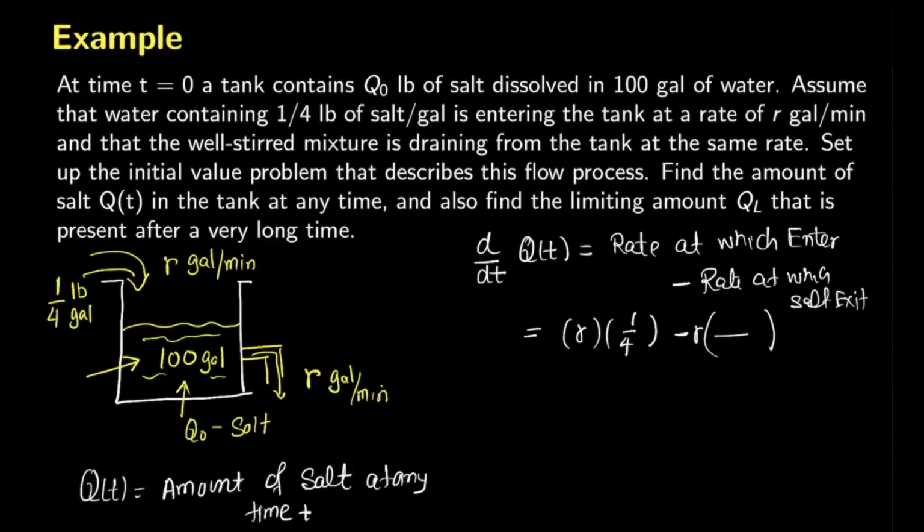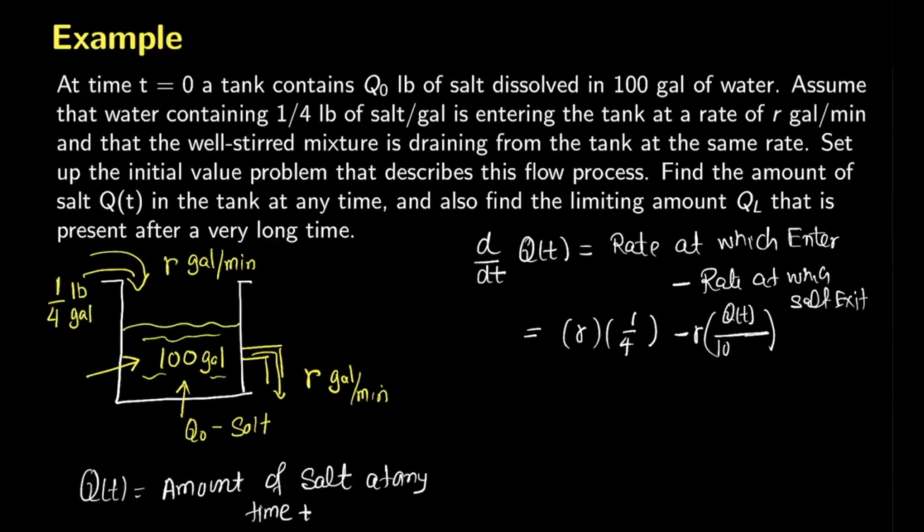Concentration is the amount of salt divided by the amount of solution. At any time the amount of salt is Q of t. And what will be the amount of the solution?